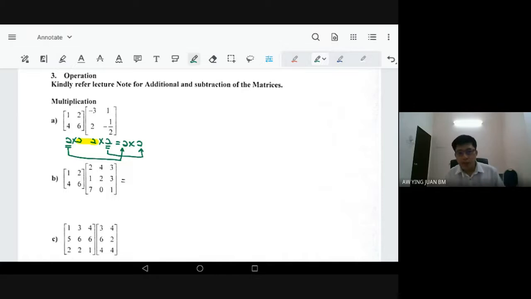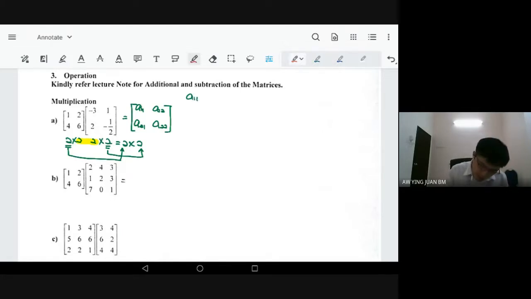So, saya punya entry automatik ada 4, iaitu A11, A12, A21, A22. So, kita kena faham bahasa dia. Bila kita nak cari A11, so anda perlu rujuk matrices yang ada, iaitu row 1 and column 1.